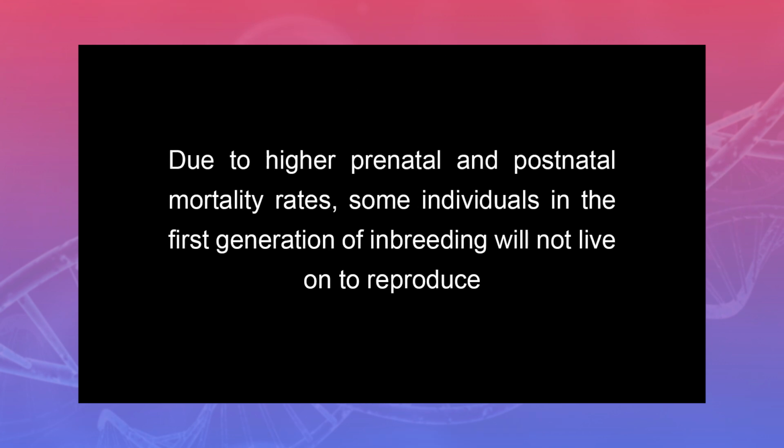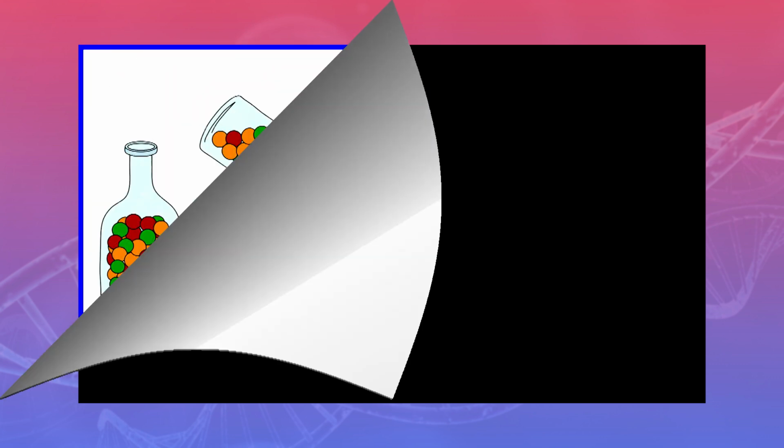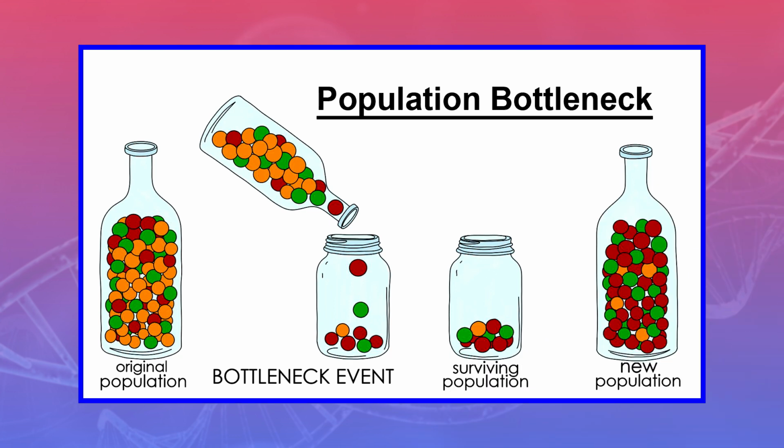Due to higher prenatal and postnatal mortality rates, some individuals in the first generation of inbreeding will not live on to reproduce. Over time, with isolation such as a population bottleneck caused by purposeful, that is assortative breeding or natural environment factors, the deleterious inherited traits are eliminated.